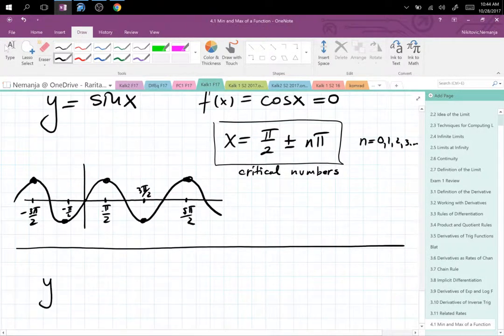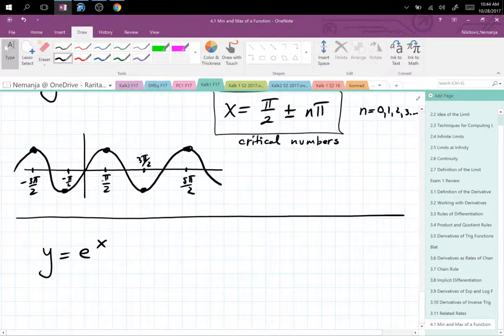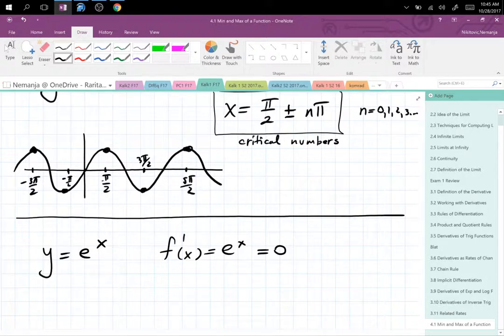How about y equal a to the x? Min and a max of this one. Let's do the procedure. What's the procedure? Derivative. What's the derivative of a to the x? And now when you set it equal to 0, what happens?